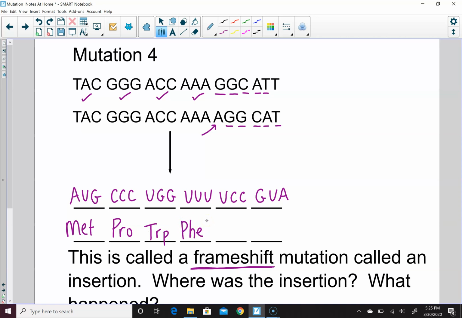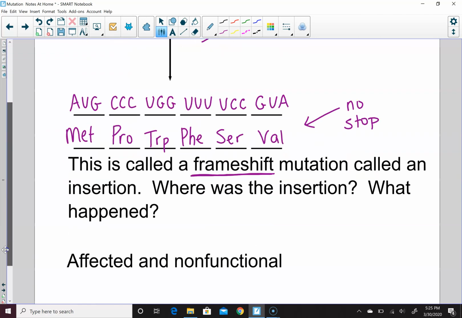But now we got a problem because UCC is going to be Ser. Whoops, there's supposed to be a proline there, but there's not. And the next one's supposed to be a stop codon, but I got GUA, which is a Val. Well, I got a problem here because if you notice, there's no stop codon here. And if there's no stop, I got a mucho big problem. This frame shift is called an insertion.